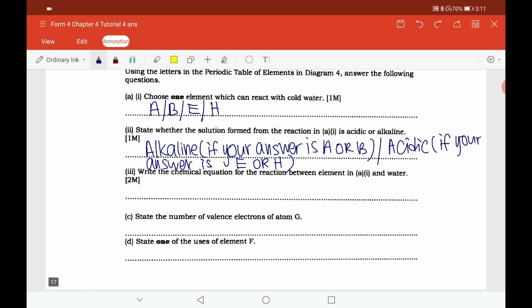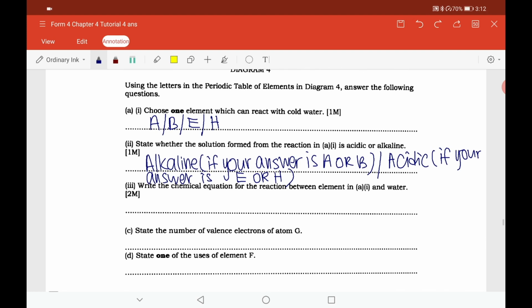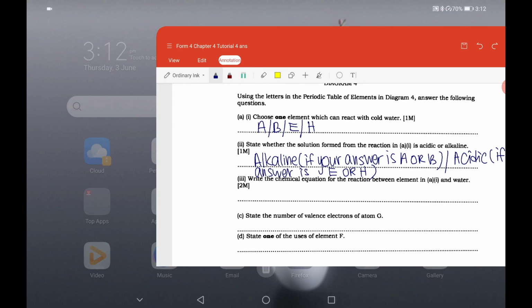Now you need to write the chemical equation for the element A1 with the water. It depends on which one you choose. If you choose the element A or B, how to write the chemical equation when you have group 1 reacting with water? For group 1, you can use sodium to predict.